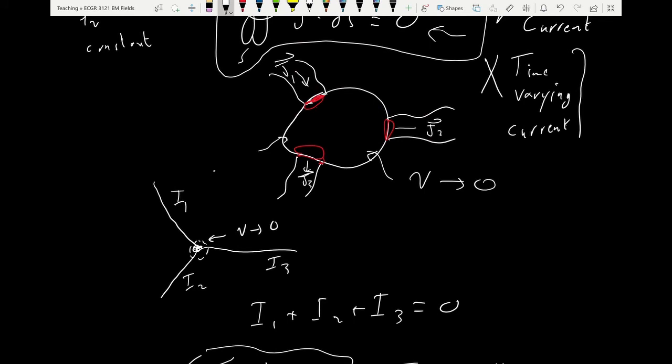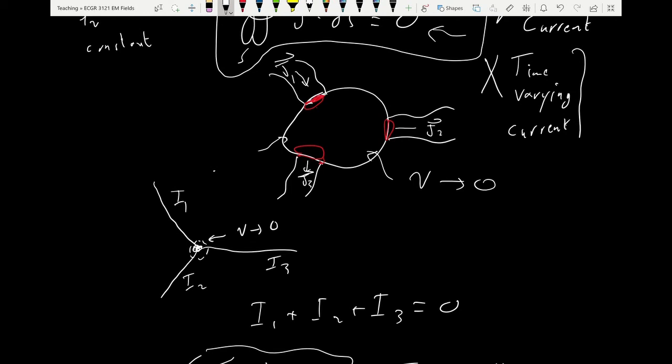However, if we take the volume to approach 0, then in a 0 volume, there cannot be much accumulation of charges, if any at all. Actually, nothing can accumulate in a 0 volume, right?